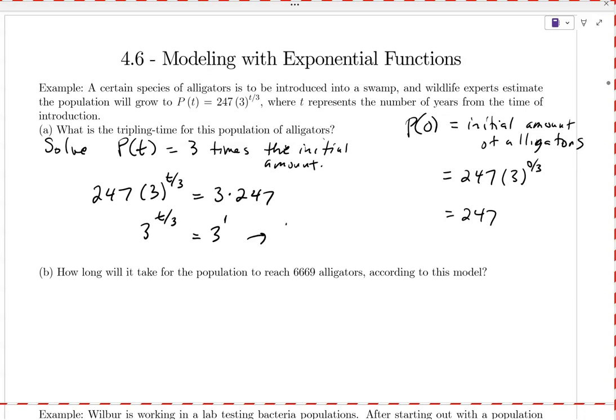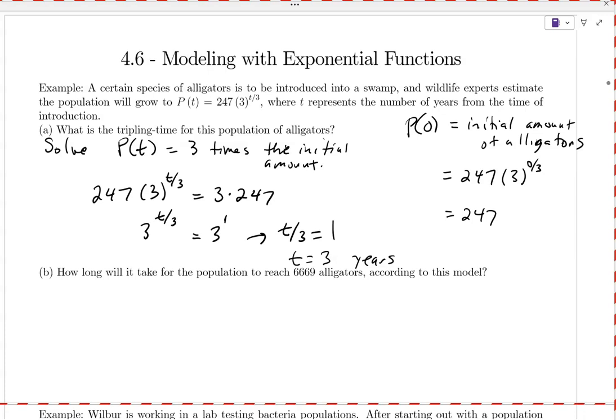So we've already done that kind of problem. We set the exponents equal to each other and then multiply by 3. And you'll get t equals 3, and the time is measured here in years. Does that make sense?